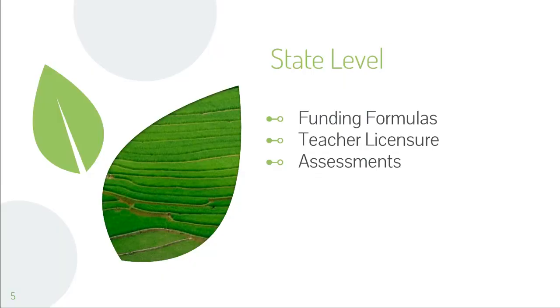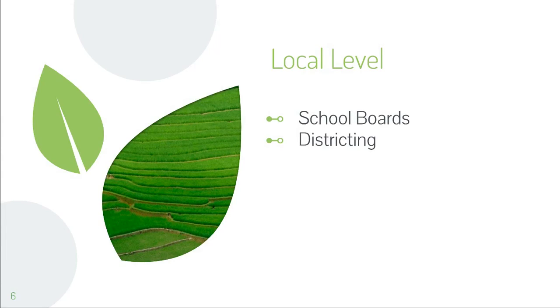This brings us to the state level. States, as you may remember from the school structure mini lecture, develop funding formulas which determine how much funding individual districts receive. States also regulate teacher licensure and have an important role in student assessments. And finally, at the local level, we have school boards comprised of elected citizens.